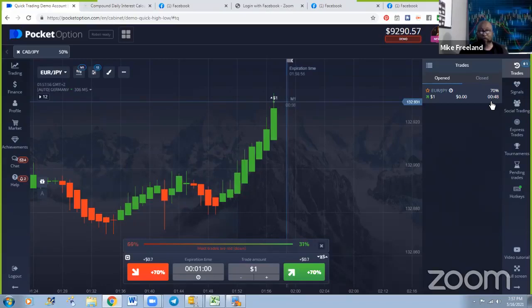I'll shift the screen over so you can tell. Nothing has moved here at the moment. What will probably happen if this doesn't move at all is you would either get your money, break even, or win or lose.